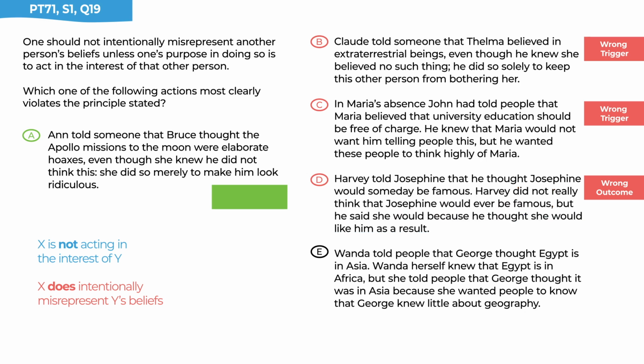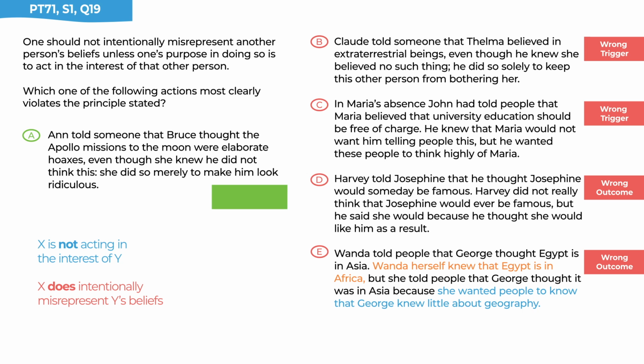When we look at E and we check on Wanda's motivations, she is just trying to embarrass George. She wants people to know that George is a geography fool. Okay, so we've established the blue. She's not acting in the interest of George. Does she intentionally misrepresent George's beliefs? We know from this paragraph that Wanda knows that Egypt isn't really in Asia, but we don't know whether or not George genuinely believes that.